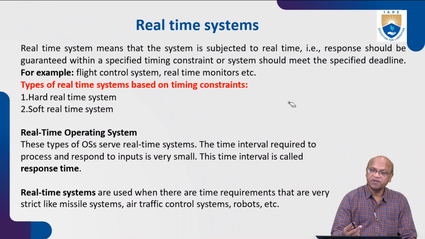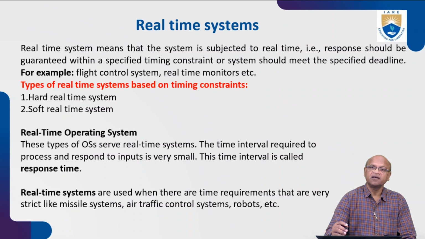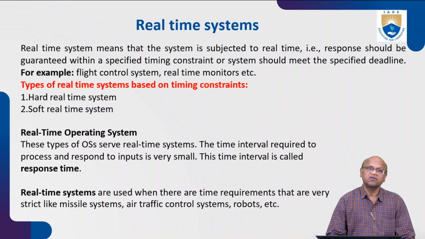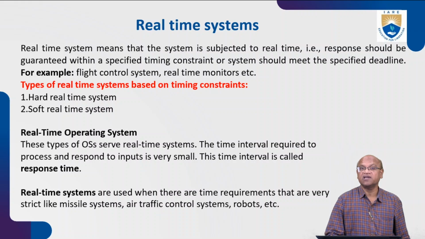If it doesn't take action in time, then there will be a problem. Types of real-time operating systems, based on time constraints, are hard real-time systems and soft real-time systems.